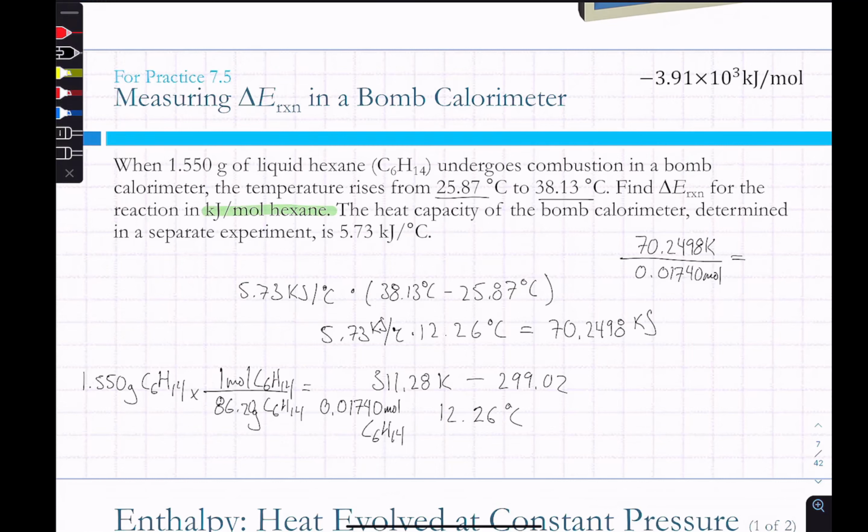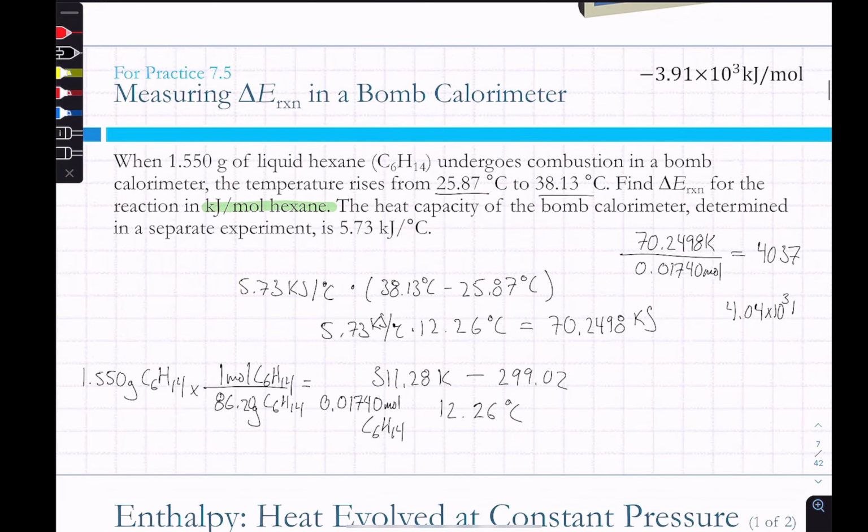Wow. So it's going to be 4,037. How many sig figs do we have? 3. So we'll have to do 4.04 times 10 to the 3 kilojoules per mole.